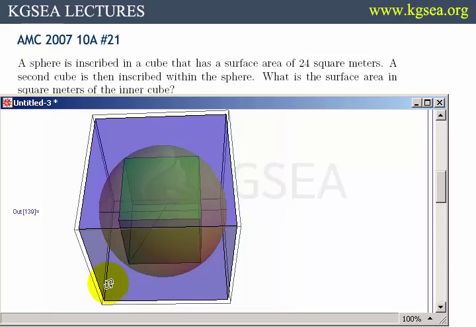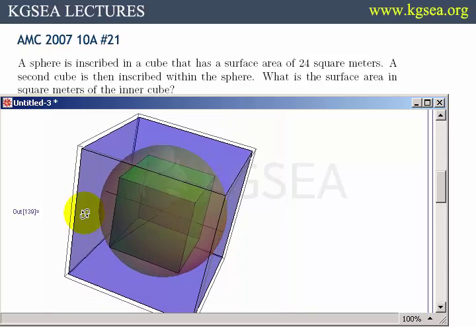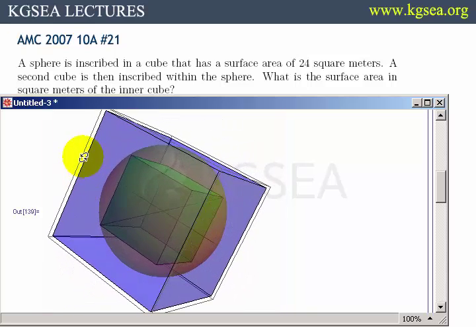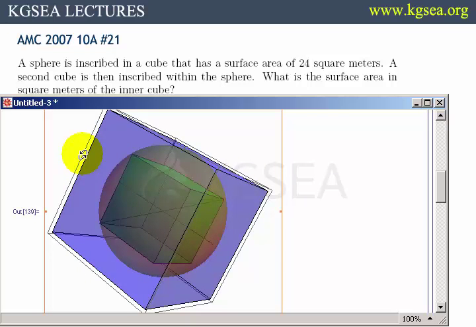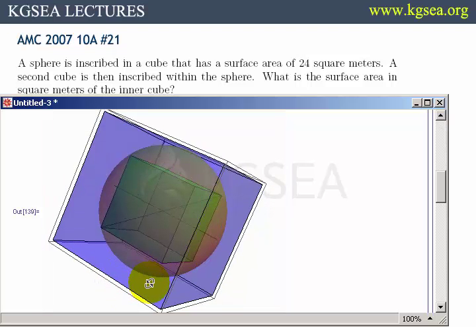Maybe I can show you this way. So here, this is what I'm telling you. These two lines are equal length because they're both diameters of the sphere.